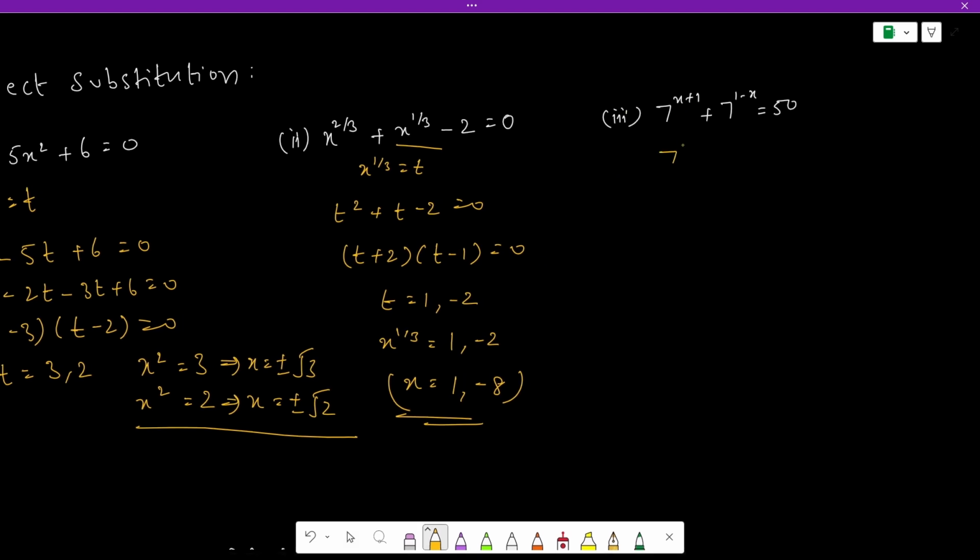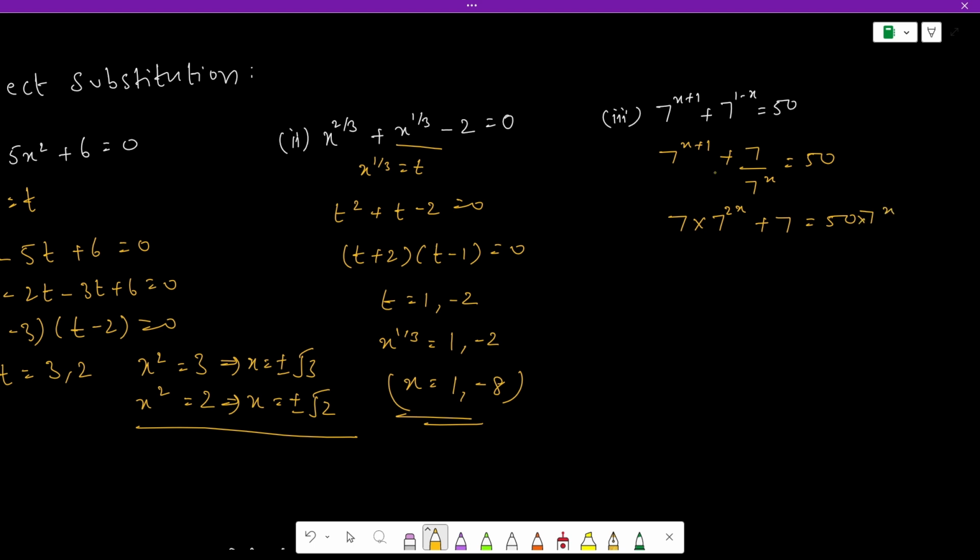Now similarly this question. Here we can write 7 raised to the power x plus 1 plus 7 by 7 raised to the power x equals 50. And here we can take the LCM. So this will be 7 into 7 raised to the power 2x plus 7 equals 50 into 7 raised to the power x.